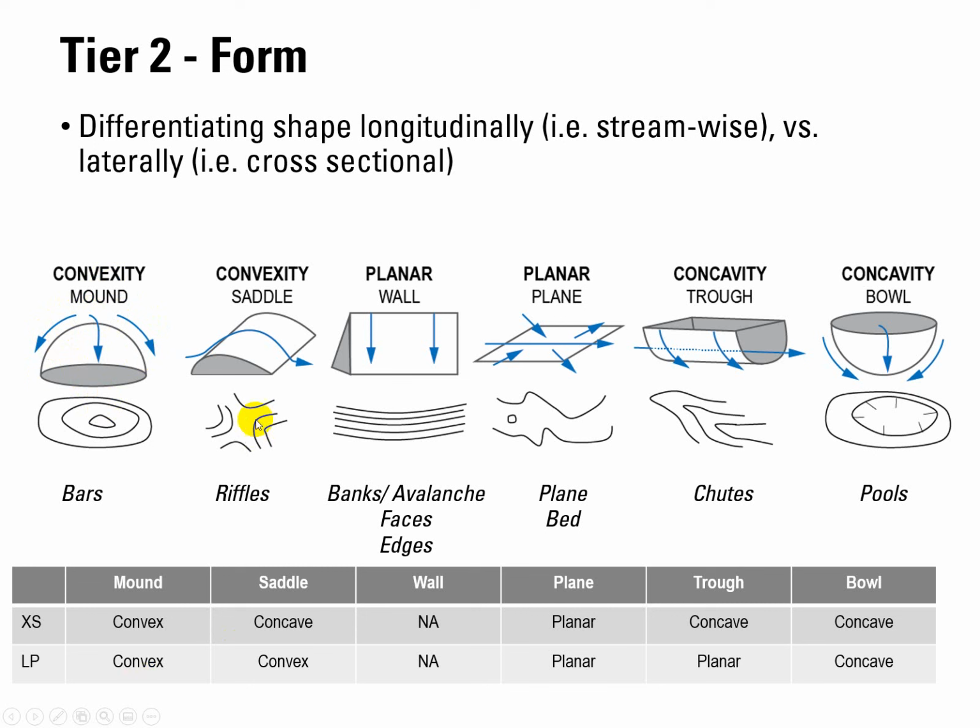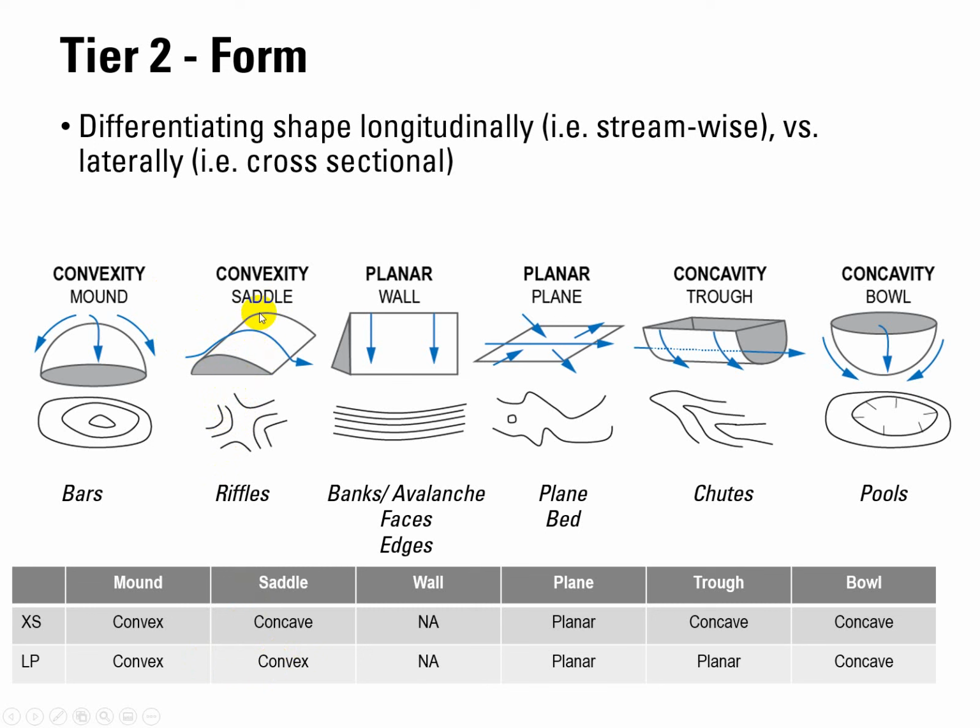Now, a riffle is a really special example of a bar, okay? But it basically is a dam. And so it is a convexity as you move from upstream to downstream, right? But rivers have thalwegs, and the thalwag is the deepest part, and the thalwag actually comes up and over, right? So it's convex.